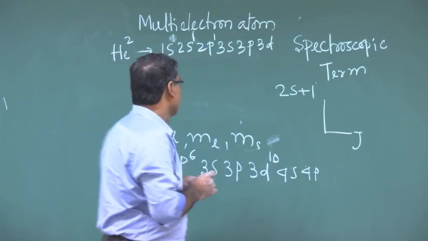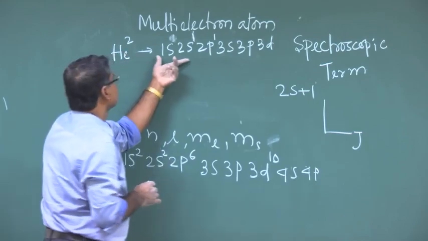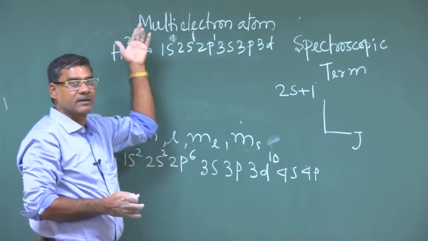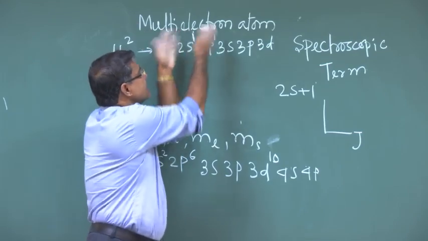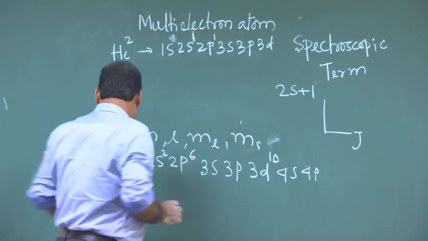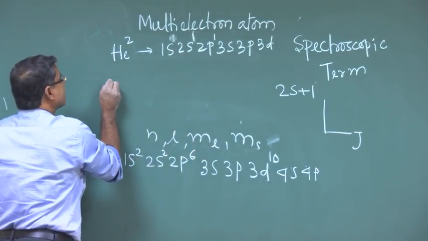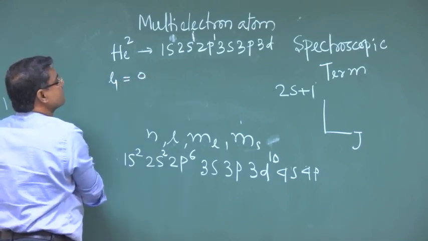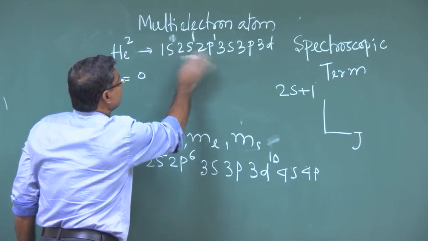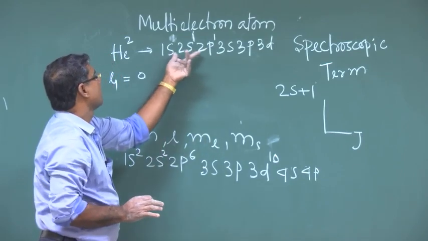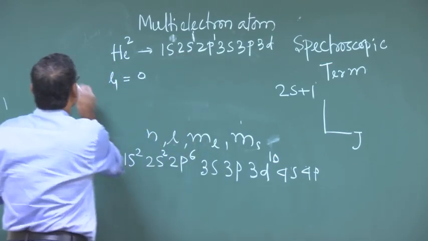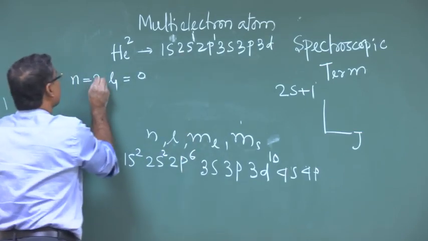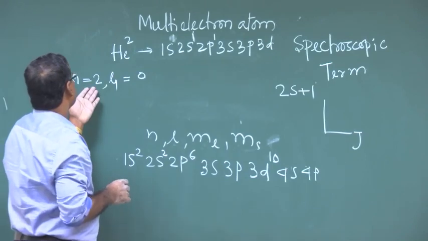Now if the 2 electrons of helium are distributed in this way, for the first electron I write L1 equal to 0. N I do not bother about, but one can write N equal to 2 for both electrons.